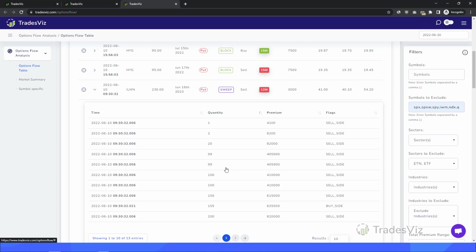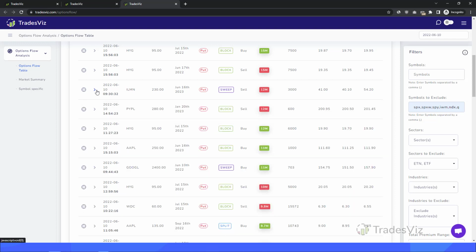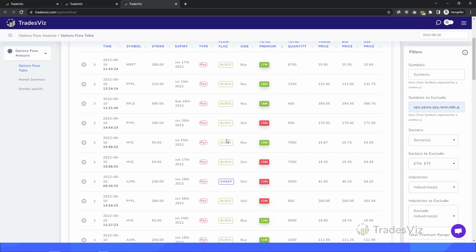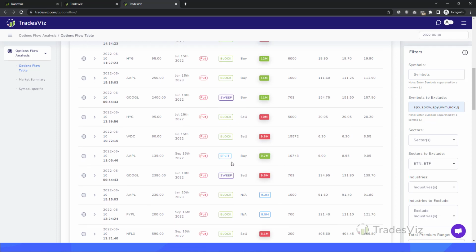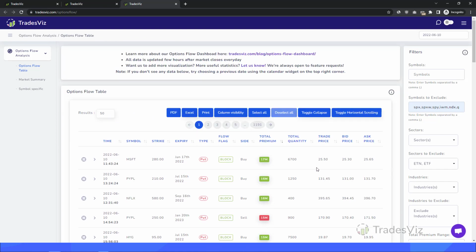Split means do the same but across exchanges. Sweep means within the same exchange. That's the difference, and to be honest, a lot of people don't even understand the difference or what the urgency and trade flags are. Tradesviz is the only one that shows you all of the information.